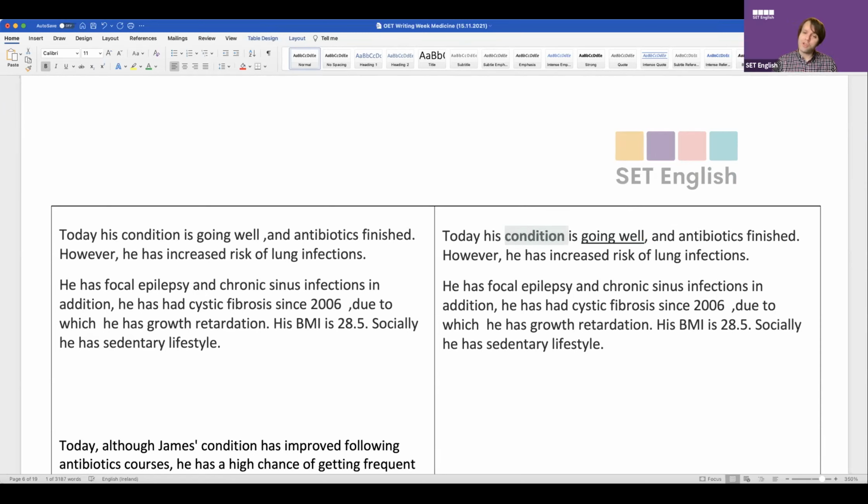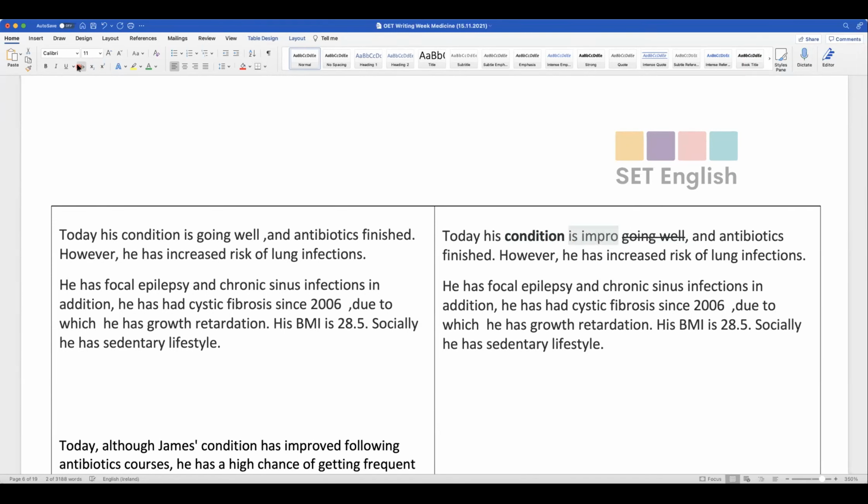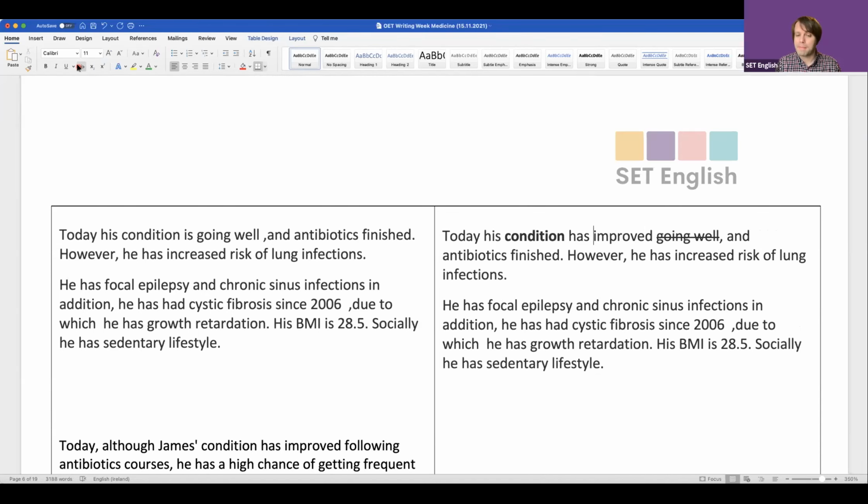In English, it sounds very strange to say that a condition is going. We don't use that verb. What would we say about his condition? Improved. Improving. You could say is improving or has improved. Okay, if I say has improved, is that okay? No, it means yesterday. We've got today again, right? Has made improvement.